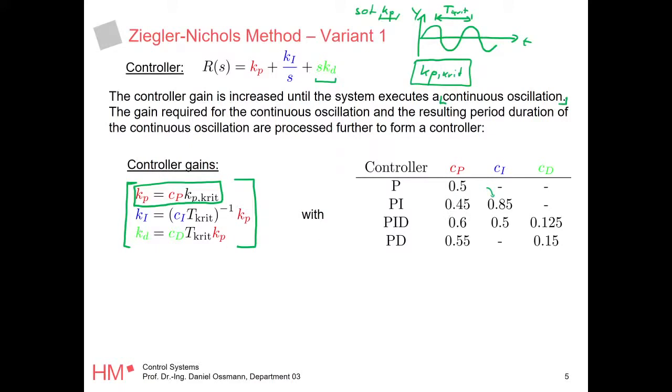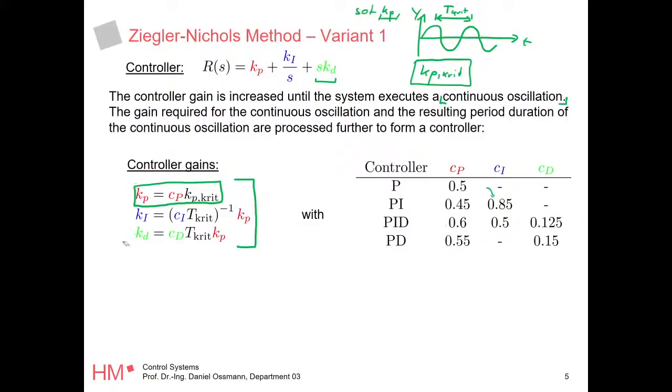Okay. Now, if you say I want to go PID, you know that the PID controller actually adds some speed. It adds some damping, it adds basically stability. Because the D term adds stability, I can also go a little bit higher with my critical gain. Right?